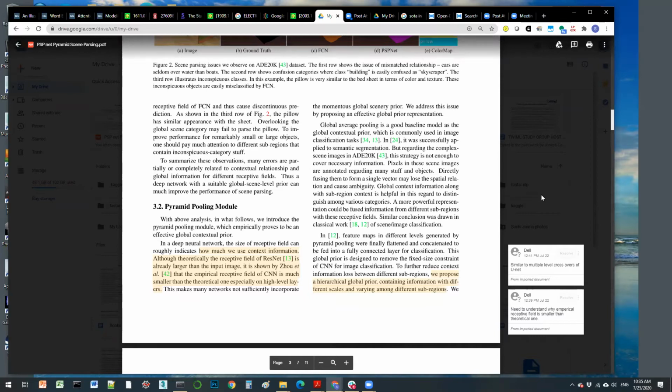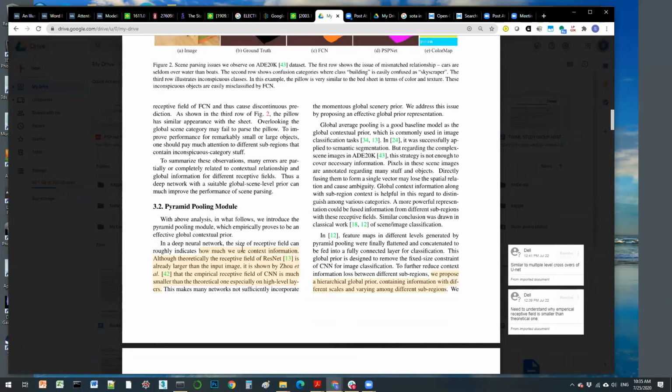One of them is the pyramid pooling part, which is a different way of combining the context information than, somewhat similar, but still different than how UNet does it. And here they talk about the receptive field and the fact that the receptive field of ResNet is larger than the input, but the empirical receptive field is smaller.